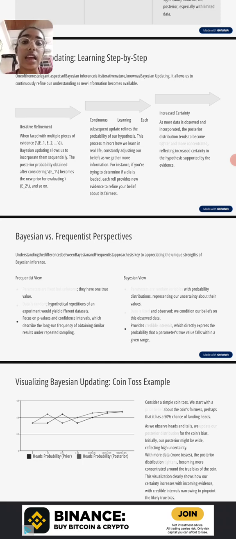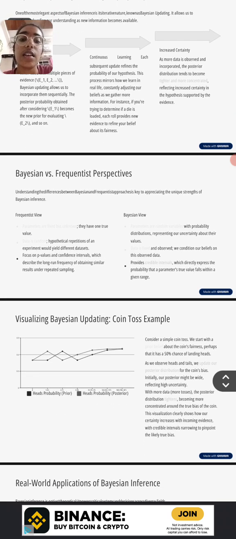Increased certainty: as more data is observed and incorporated, the posterior distribution tends to become tighter and more concentrated, reflecting increased certainty in the hypothesis supported by the evidence.